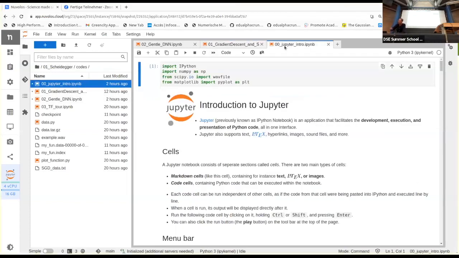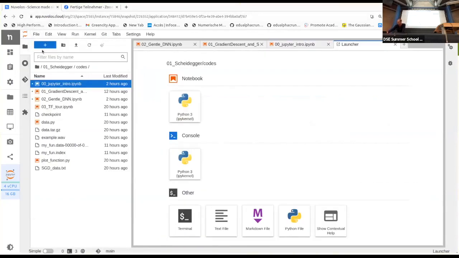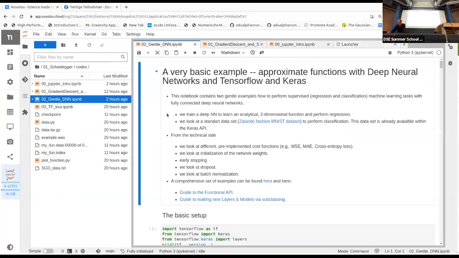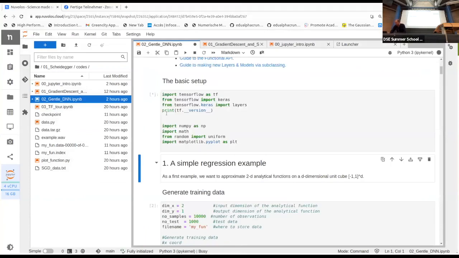For those of you who have never worked with the JupyterHub, it looks like this. You do a launcher. You have different notebooks, Python, and if you have MATLAB launched, you have MATLAB. Then on the side you see these notebooks. You can click on them, and by Shift-Enter you can step through them.